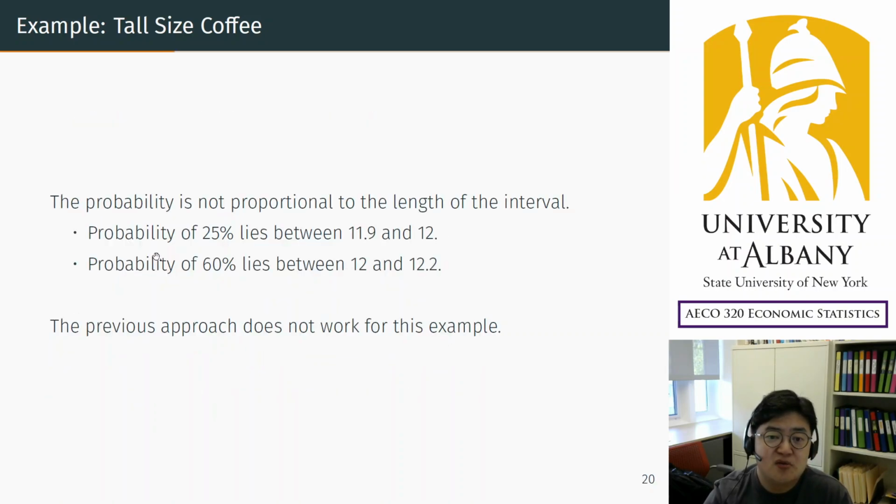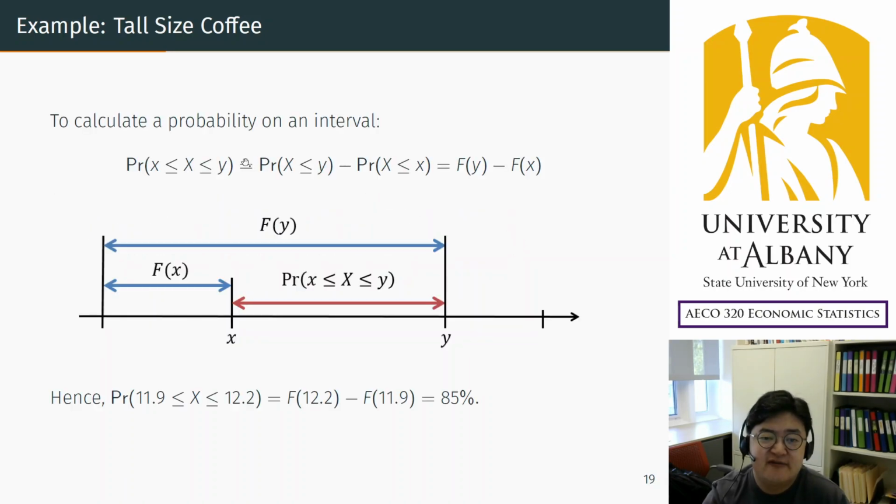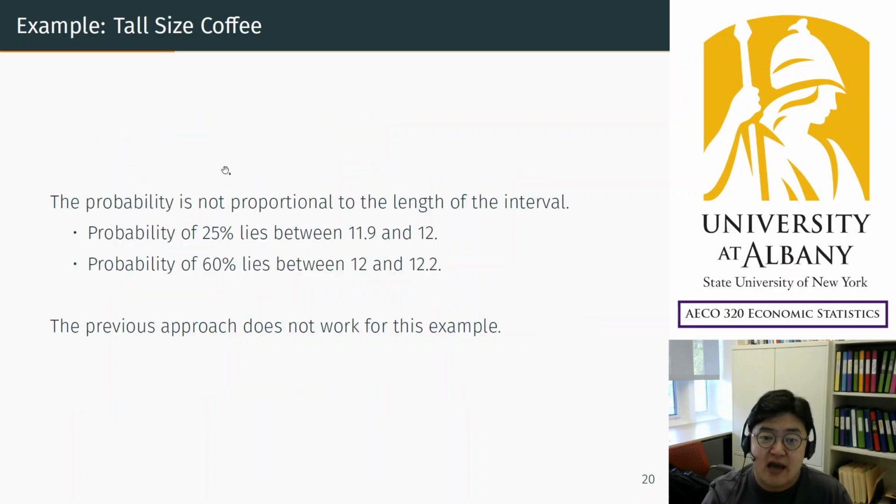Okay, so far, I pretended as if the probability equals the length because it helps you to understand the probability for continuous random variables. But actually, it is not proportional. In this example, my argument was wrong.